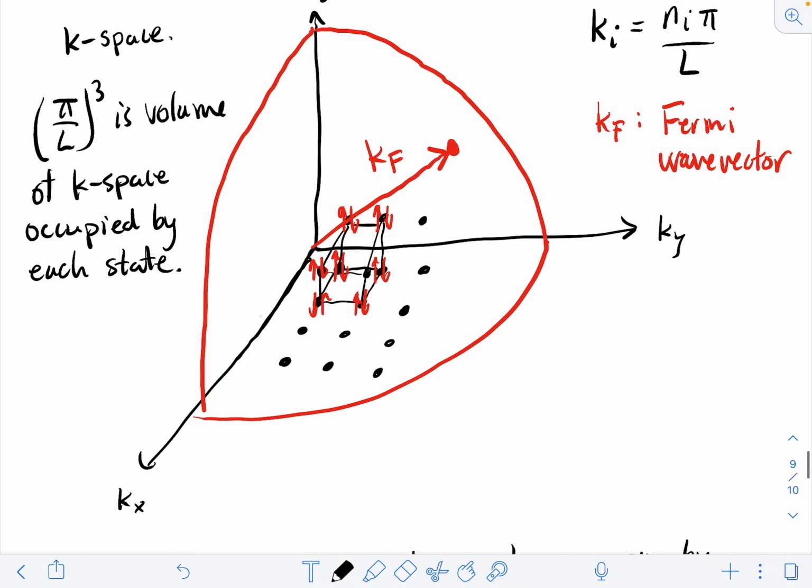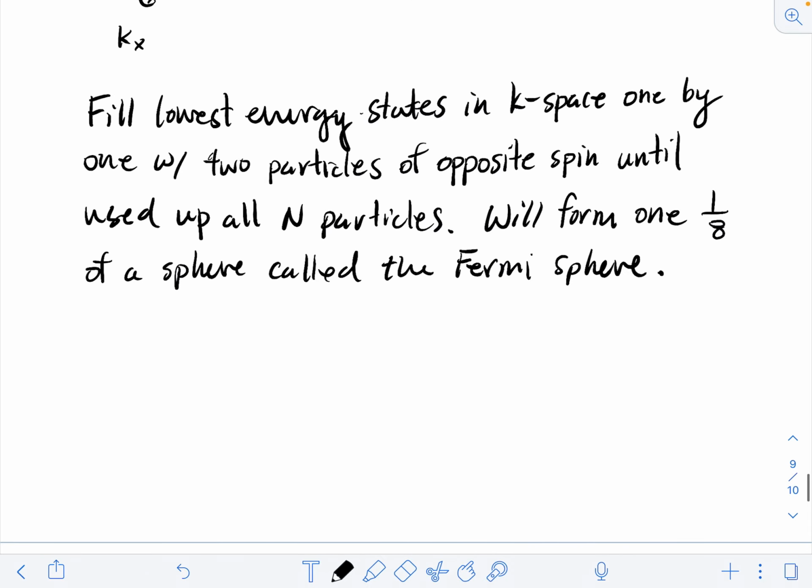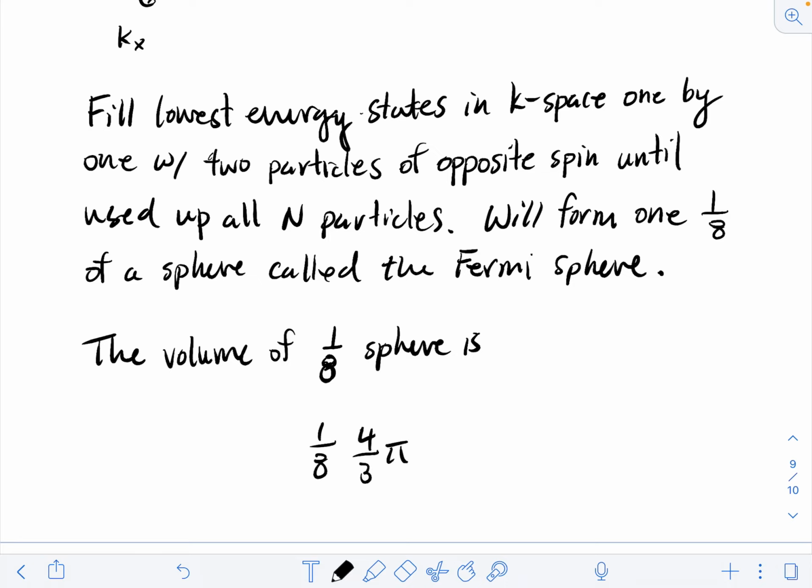Okay, so one thing we could do is look at the volume of this sphere. The volume of the 1/8 sphere is 1/8 of, so a sphere has a volume of 4/3 pi times the radius cubed. The radius of this sphere is kf, the Fermi wave vector.